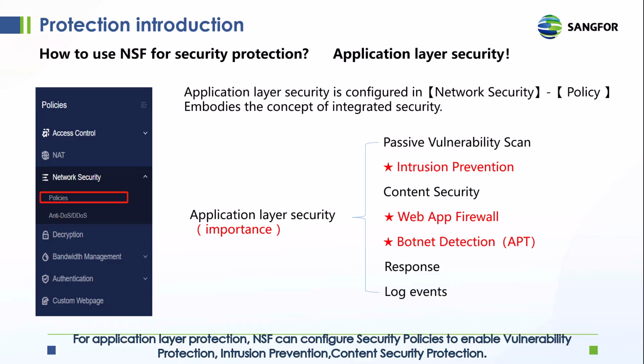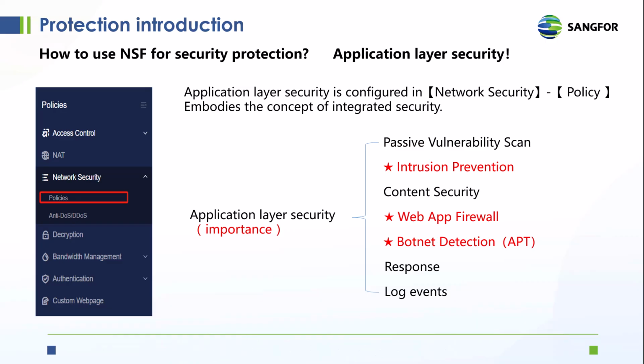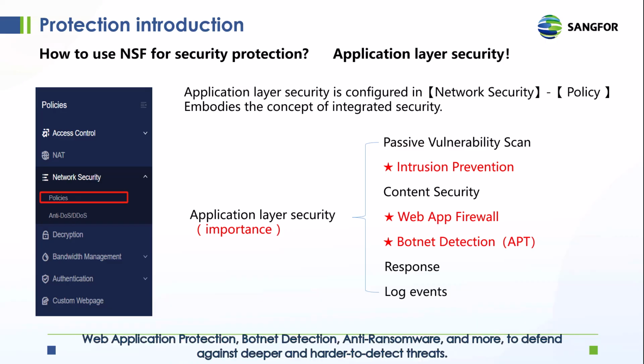For application layer protection, NSF can configure security policies to enable vulnerability protection, intrusion prevention, content security protection, web application protection, botnet detection, anti-ransomware, and more, to defend against deeper and harder to detect threats.